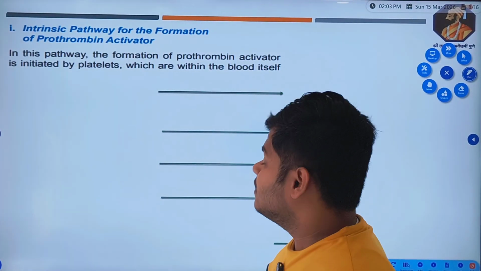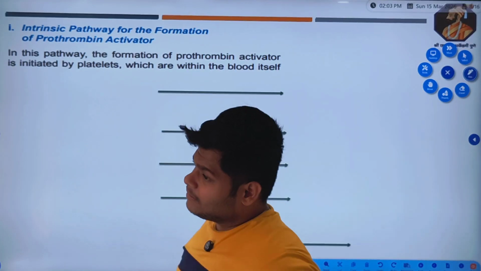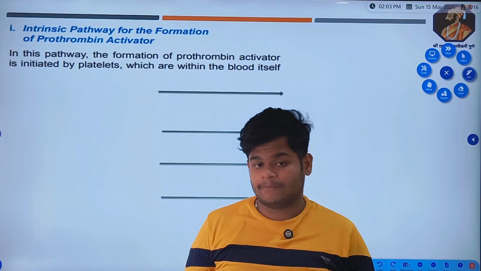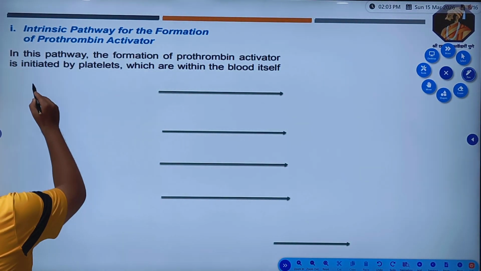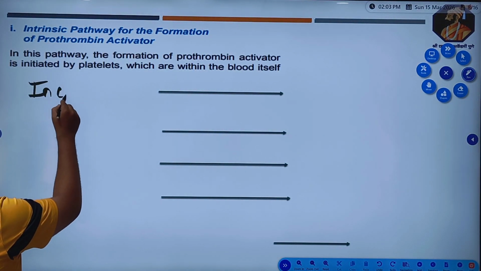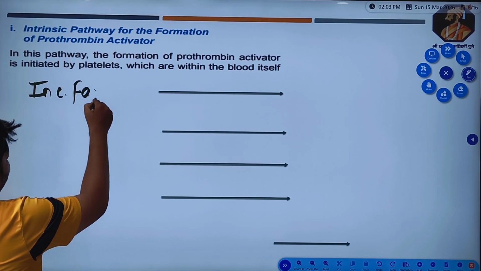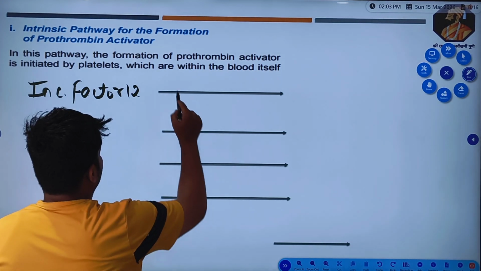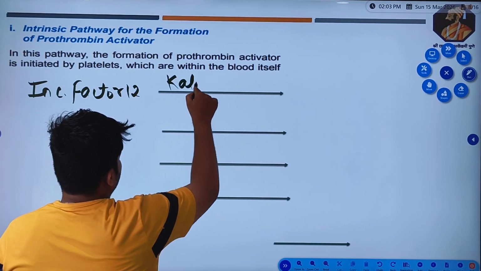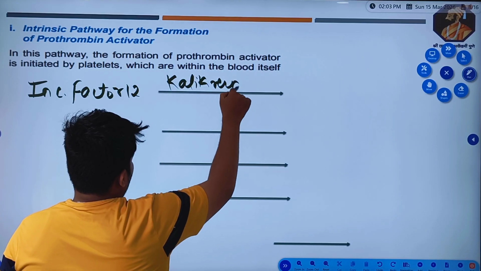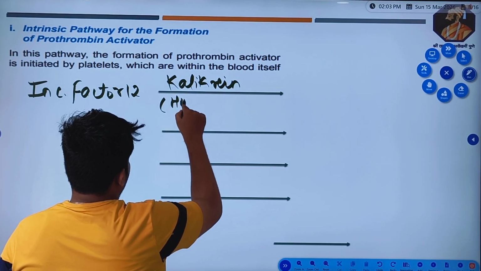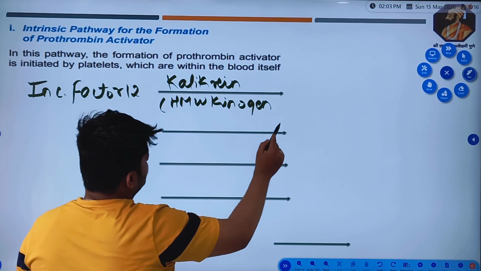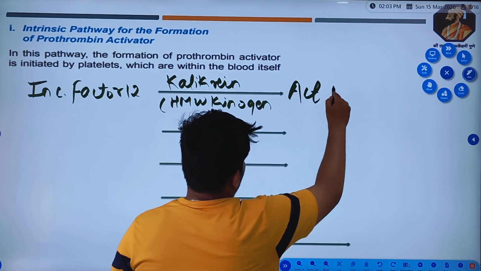Now, when this collagen is exposed, what happens is in blood, inactive factor 12, called the Hageman factor, with the help of the enzyme kallikrein and high molecular weight kininogen, is converted into active factor 12.